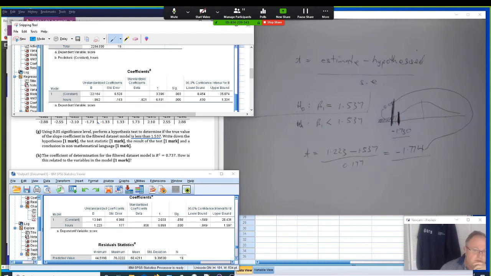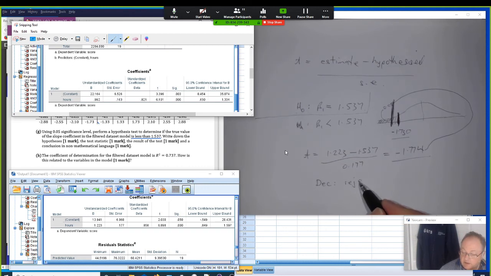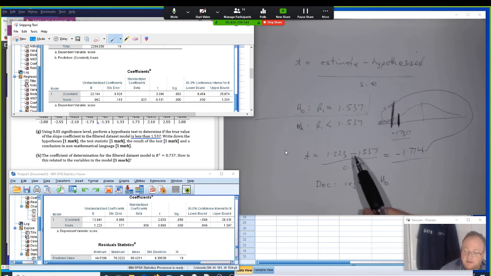Alright, so what we've been able to do is generate a test statistic, make a null hypothesis, and make an alternative hypothesis based on the language of the question. That's very important. And on top of that, we've been able to make a decision. So what's our decision? Reject or do not reject. Yep. So our decision is to reject the null hypothesis, and that tells us that the new beta is not equal to 1.537.